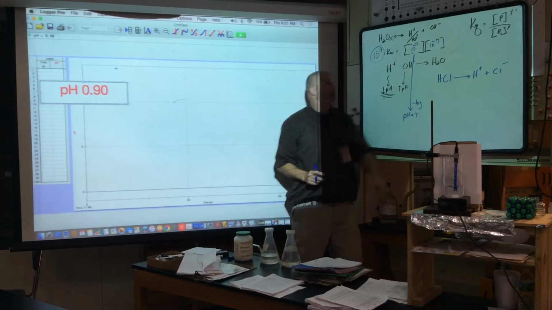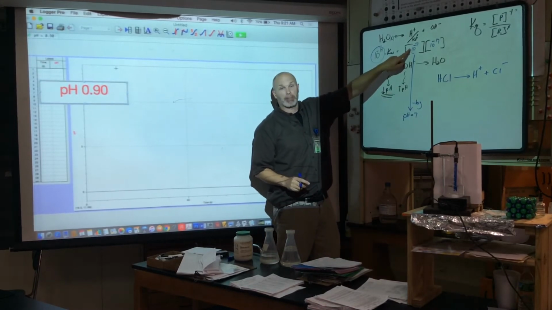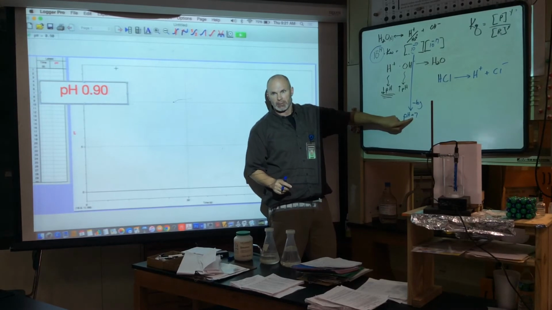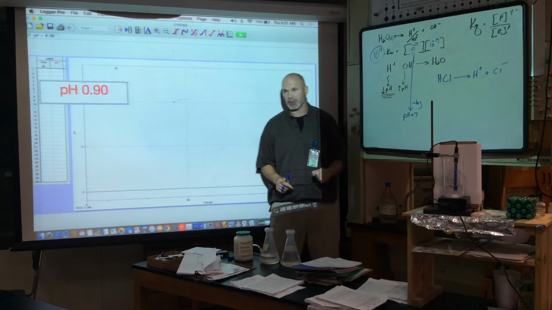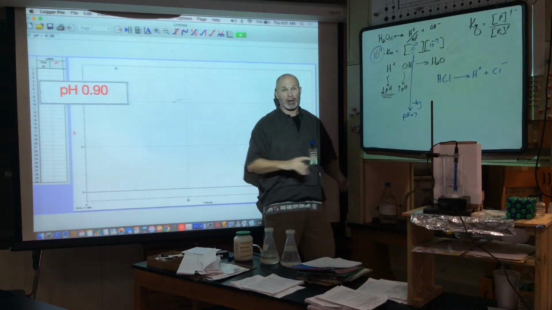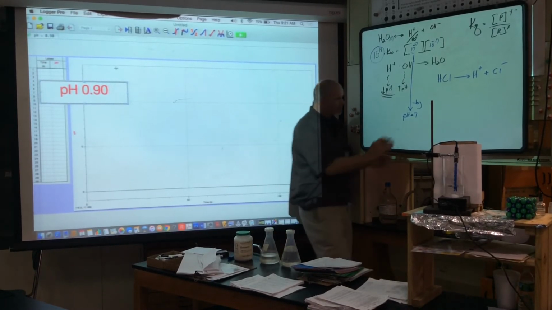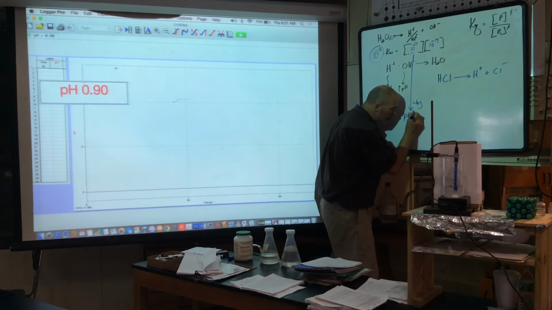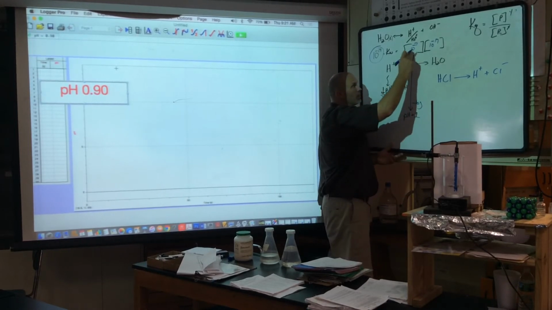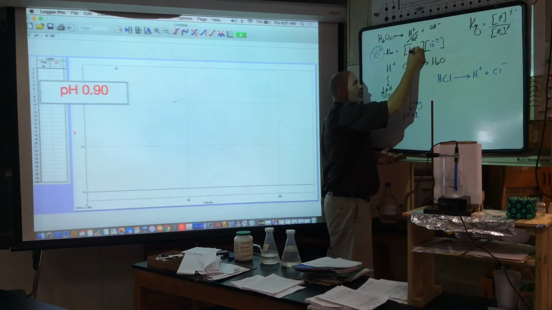Now that H plus is going to make this number get bigger, and the pH gets smaller. Right, because it's the exponent, positive value of that exponent. Good. Now I wanted to make a pH of 1. So if I wanted to make a pH of 1, what must be my concentration of H pluses? 1 times 10 to the negative 1.